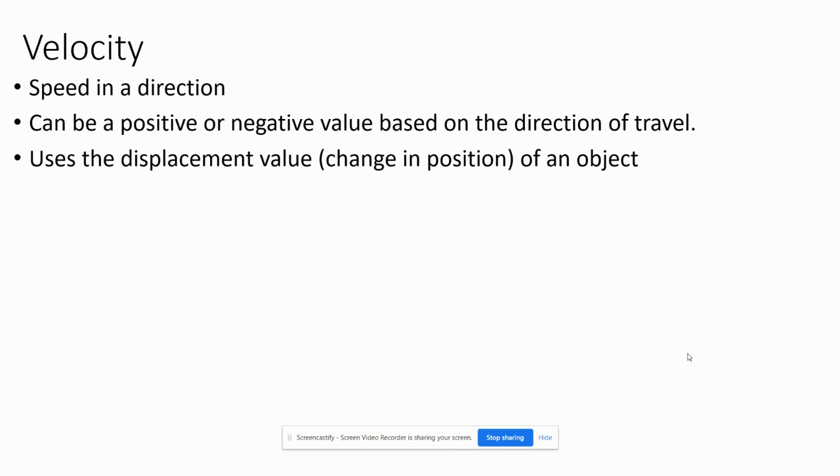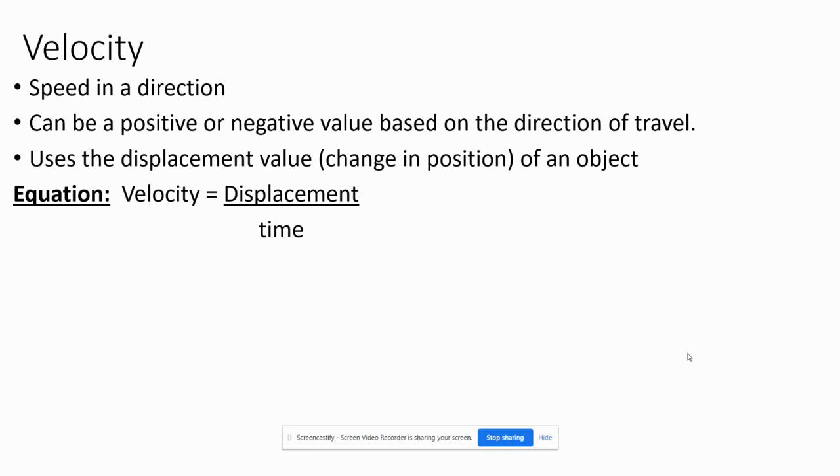Okay. So in the equation, we use the displacement value or the change in position of an object. I'm going to give you this equation: velocity equals displacement divided by time. But as time goes on, we'll end up using distance quite often as our displacement value, because we might just measure the distance it moved in one direction to get a velocity.